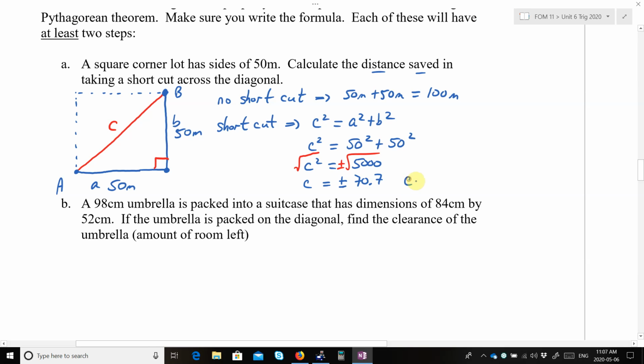So we would say C is equal to the positive 70.7 meters. So then the distance saved is the difference between these two. So we will say distance saved.